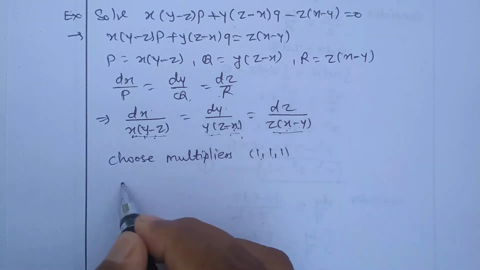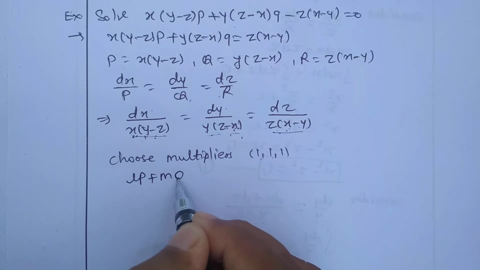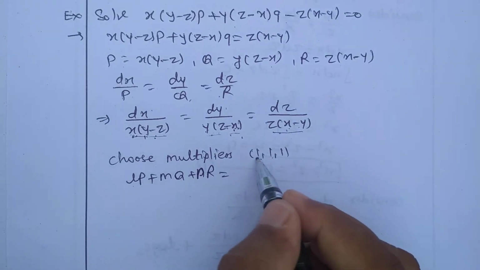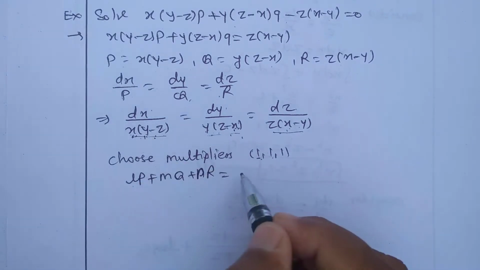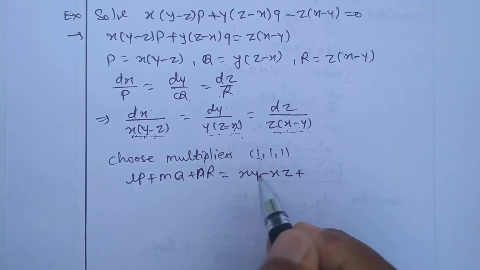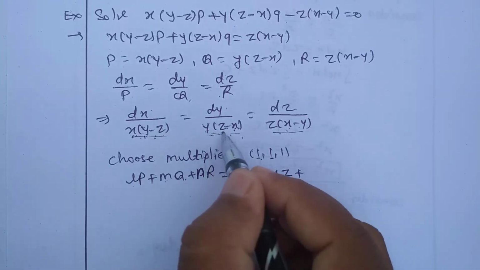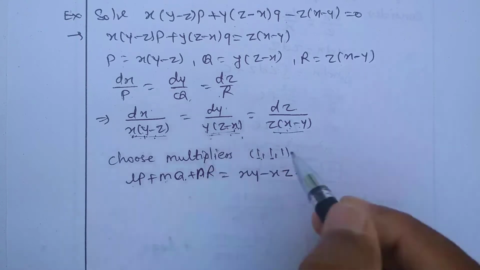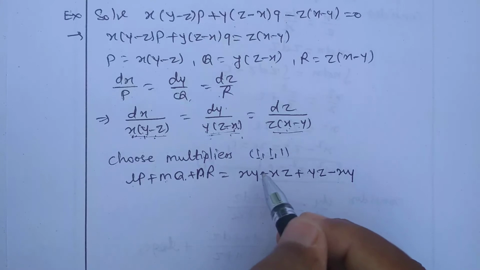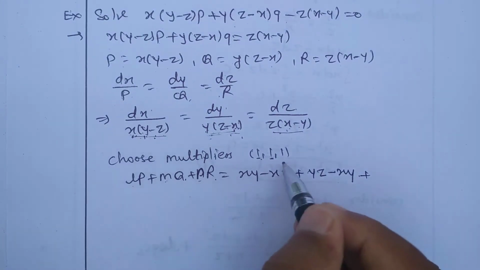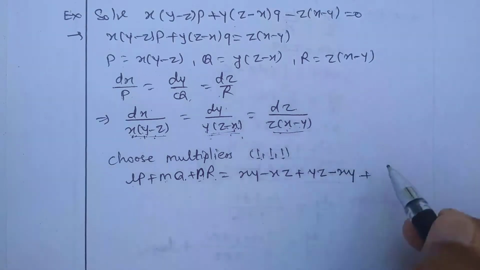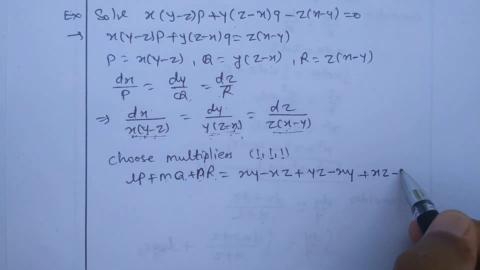So what will you get? LP plus MQ plus NR equals L into P, the value of L is 1, so 1 into P, that is xy minus xz, plus M into Q, M is 1 and Q is this, so 1 into yz minus xy, plus N into R, the value of N is again 1, so 1 into this term, that is xz minus yz.